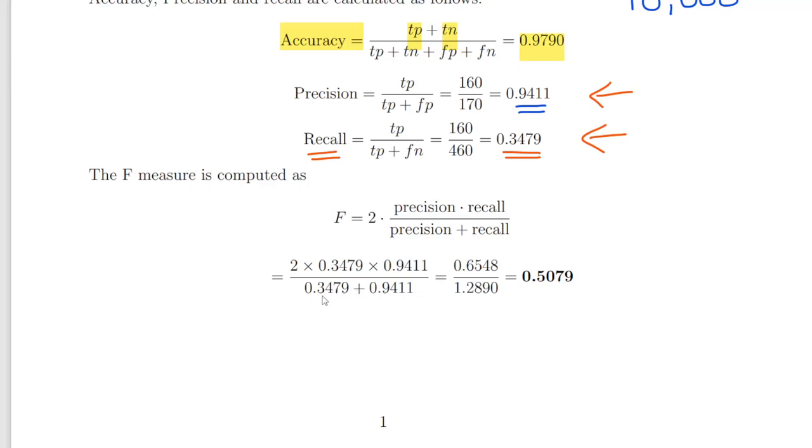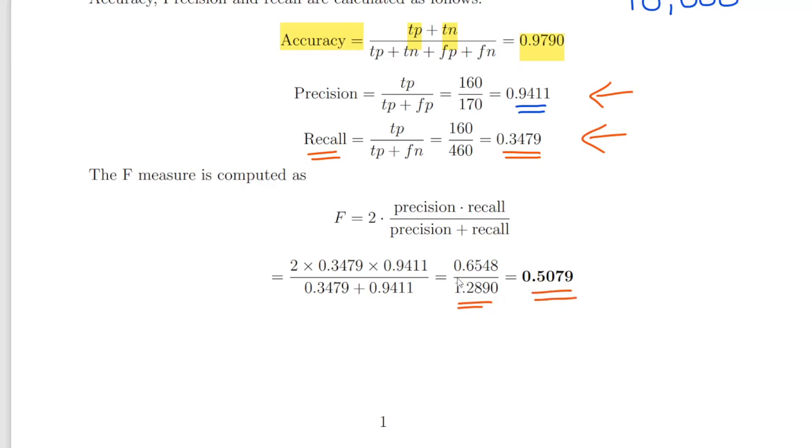Well, that's actually recall plus precision if we're being correct, but it doesn't matter. Essentially, you add them and multiply them out. So we have 0.6548 divided by 1.2890.